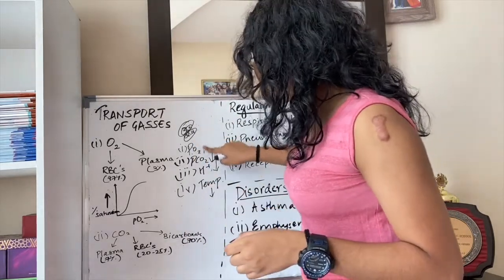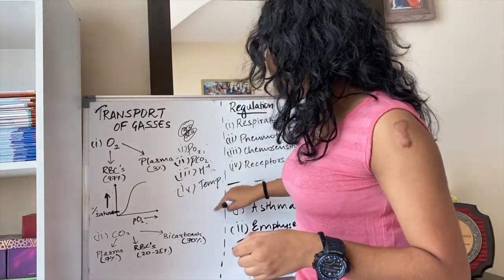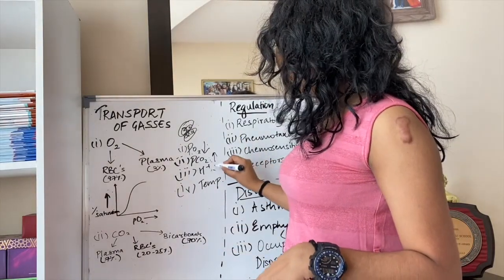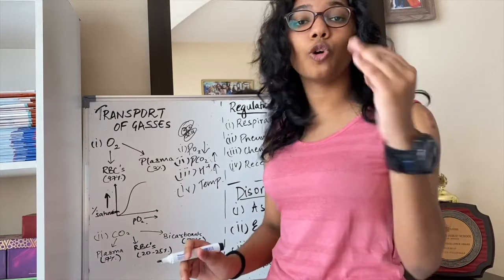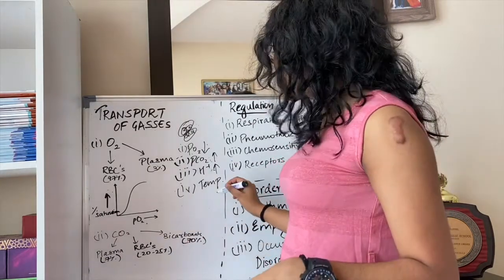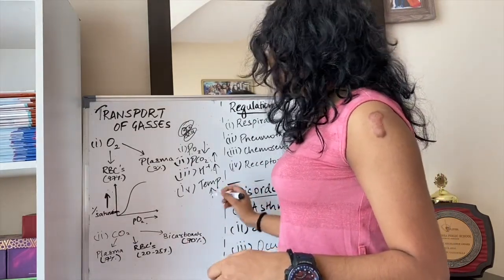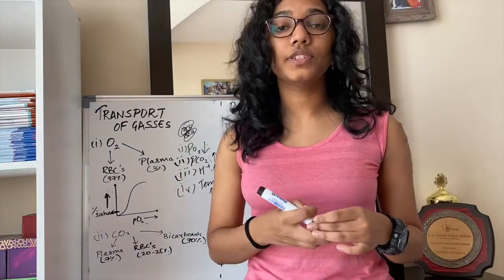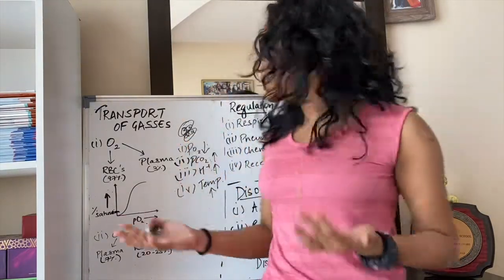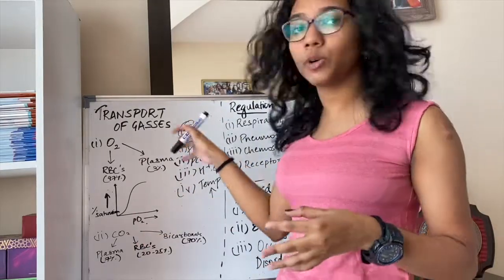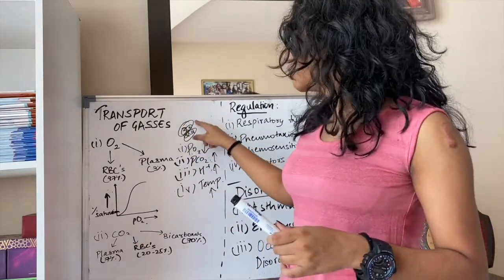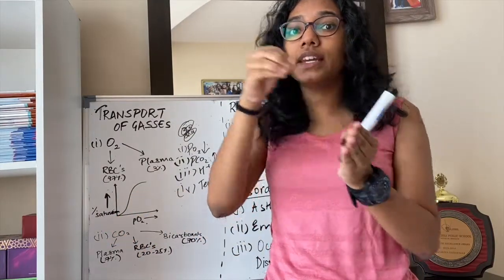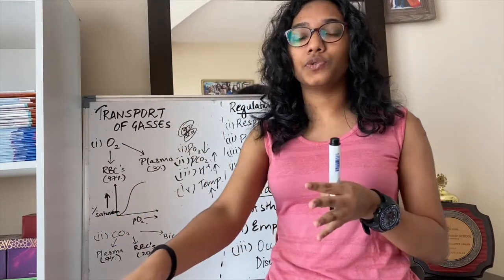So in the tissues, it's completely opposite conditions: reduced oxygen partial pressure, increased PCO2, increased H+, that is low pH or acidic conditions, and increased temperature. Due to these conditions, oxygen which is bound to hemoglobin, present as oxyhemoglobin, gets dissociated. That means oxygen leaves the hemoglobin.